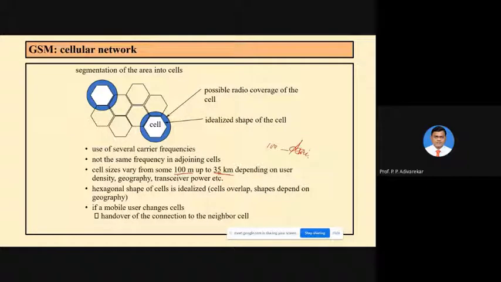Sometimes it can be lesser for higher frequencies. So the overall cell size depends on where we are using that particular cell structure, whether we are using it in a city like Thane or Mumbai, or in a village where the population is very low.